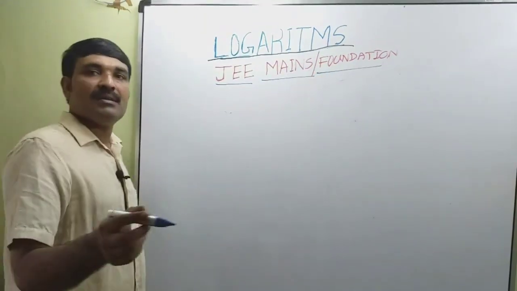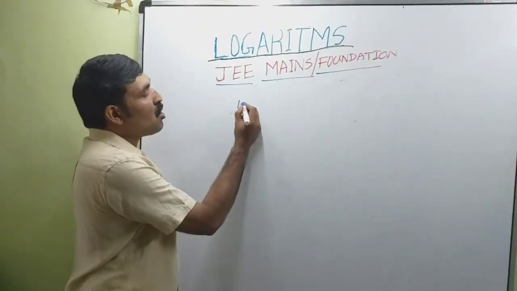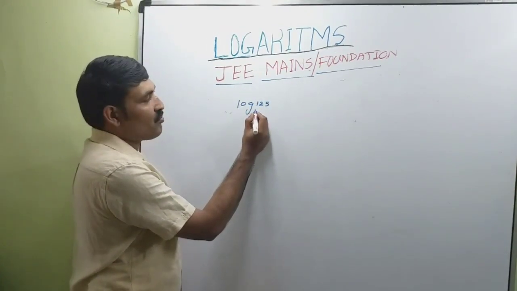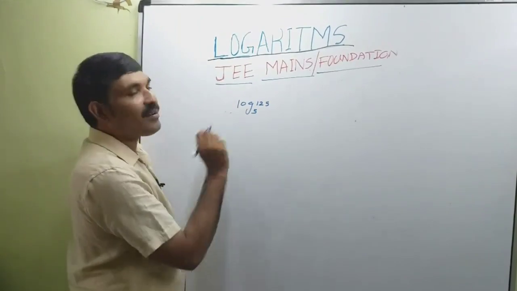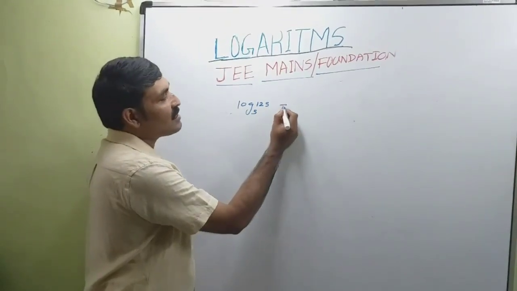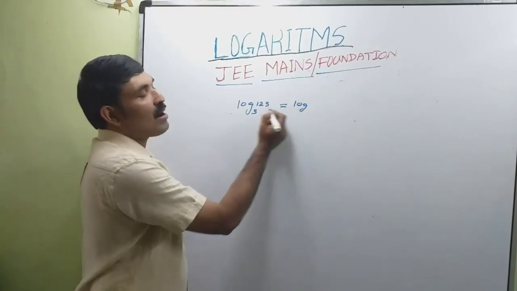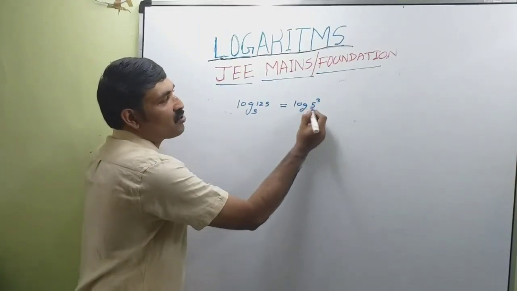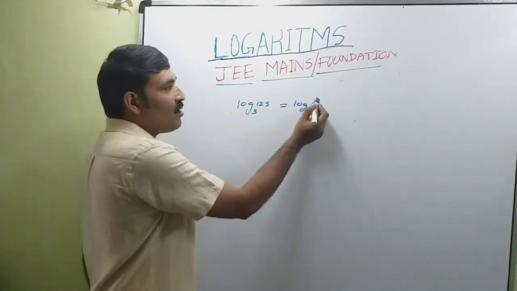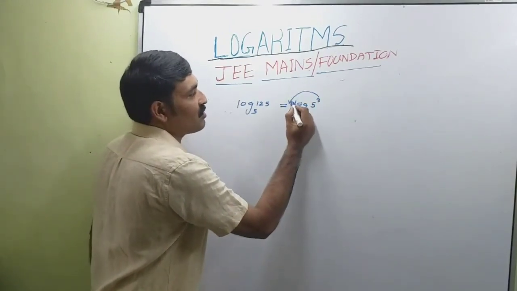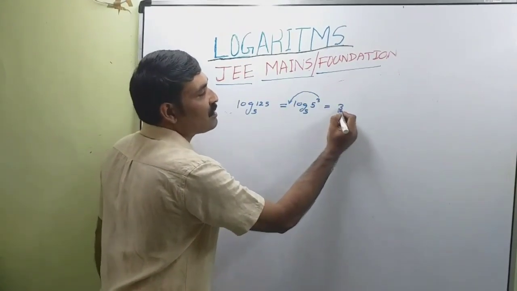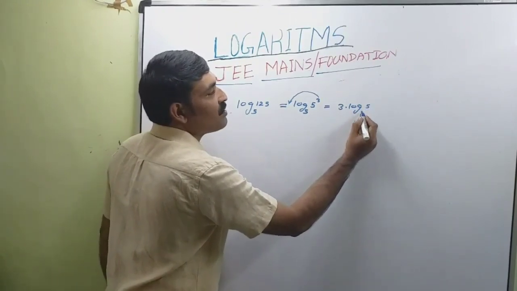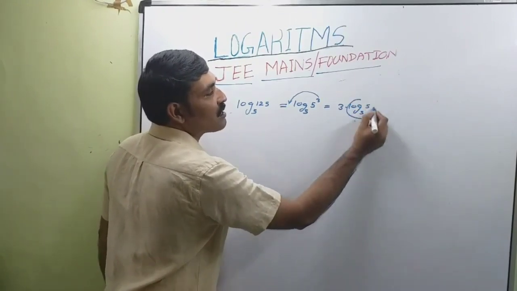Okay. Now consider log 125 to the base 5. So we can write directly, 125 can be written as 5 cube, to the base 5. Now the 3 jumps to here. So this is equal to 3 into log 5 to the base 5. This value is equal to 1.